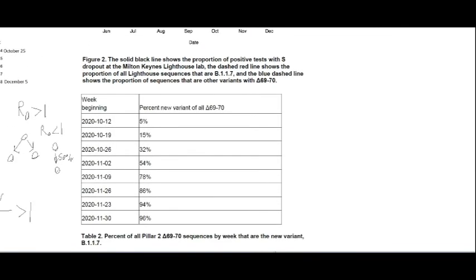And so they actually have a table down here for that, the percent new variant with this deletion. So back in October, October 12th, it was only 5%, and now, at the end of November, it was up to 96%.